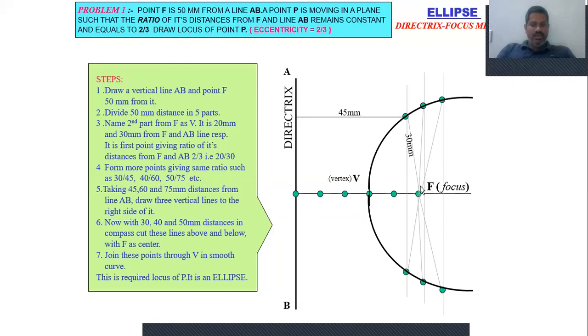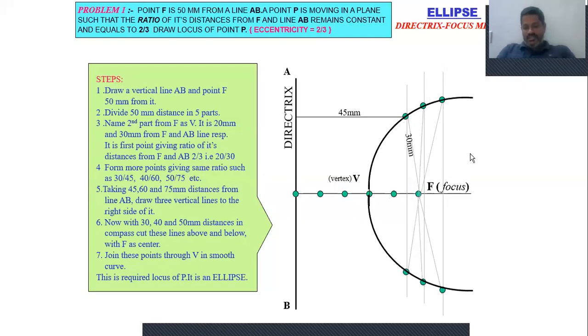So by taking 40 mm radius in our compass, just intersect this vertical line. Then draw a 75 mm vertical line from the directrix. Take 50 mm radius with F as center, and get these 2 points.